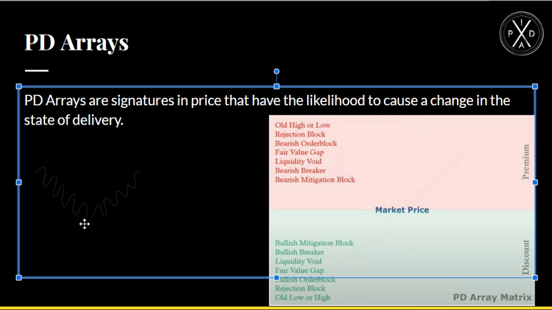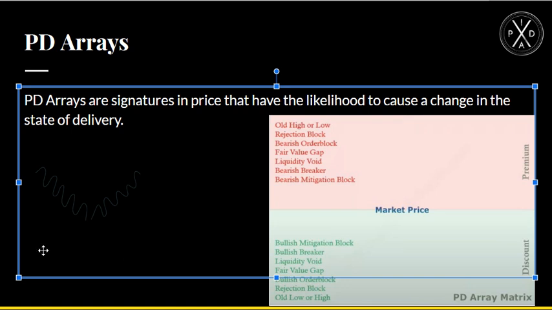So from here, we see that prices are coming lower, right? So we're bearish. And then something is happening right here that causes price to change its state of delivery and then go higher, right? So from here on this side, we see that price is being delivered bearishly, and then it hits something here, and then that causes price to change its state of delivery and then start moving up or delivering bullish prices.